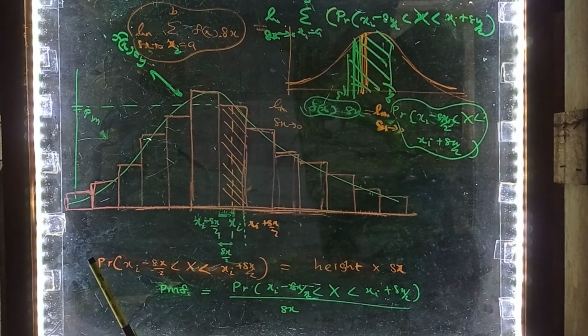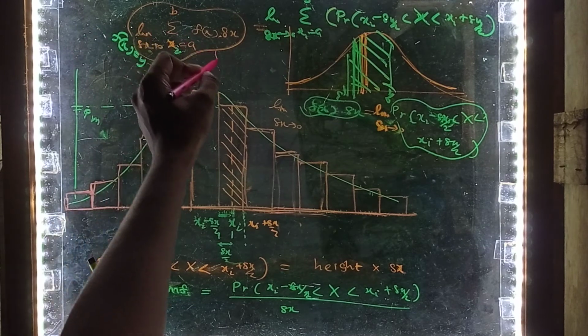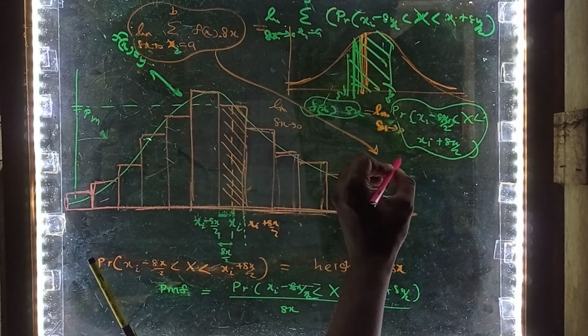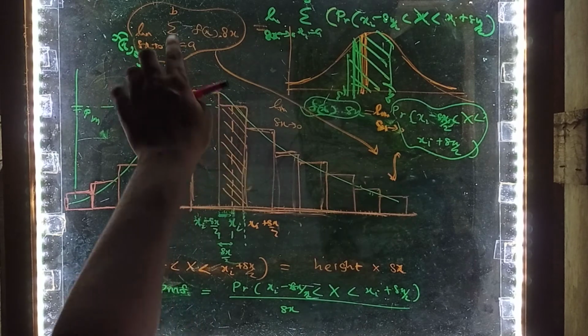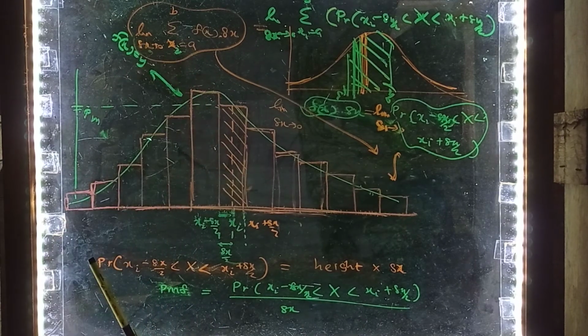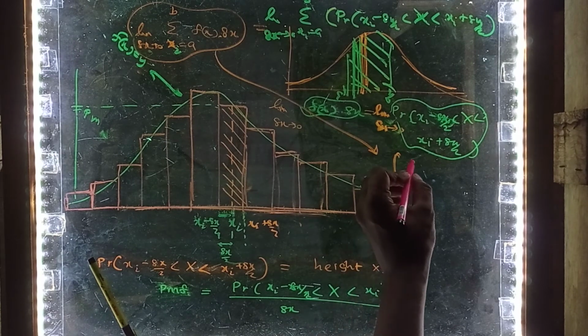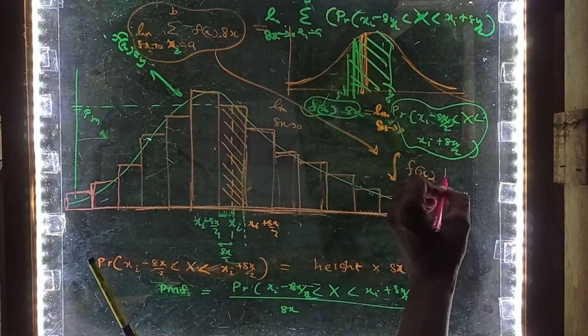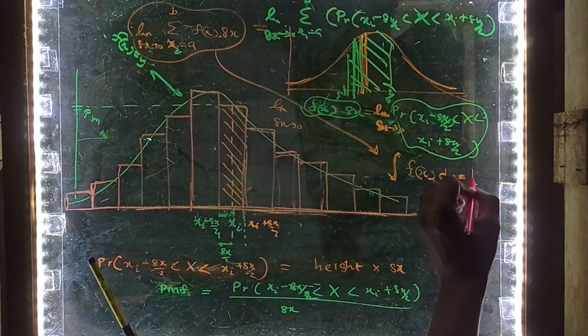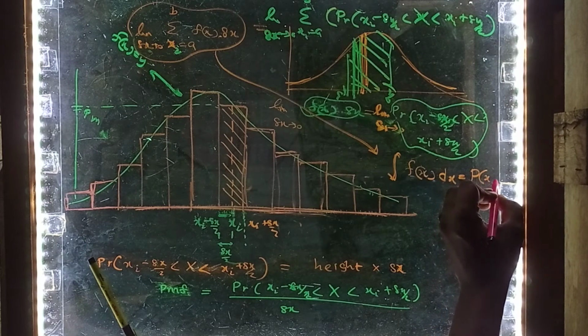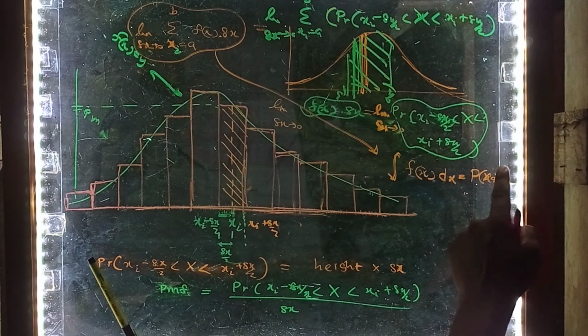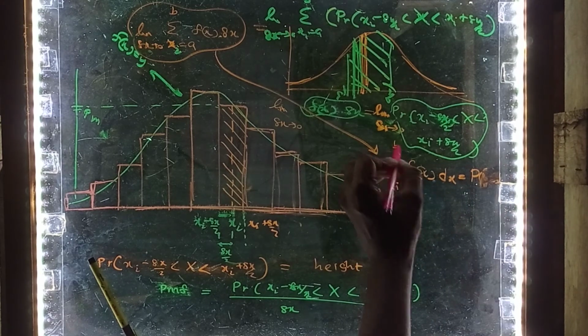Now this can be rewritten as the integral. Once we combine this summation and limit, it forms the integral. The integral of this probability density function will give you the probability, from little a to b.